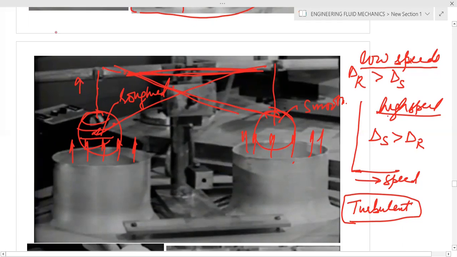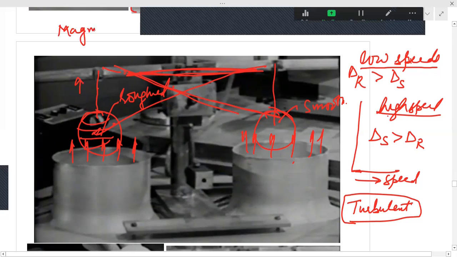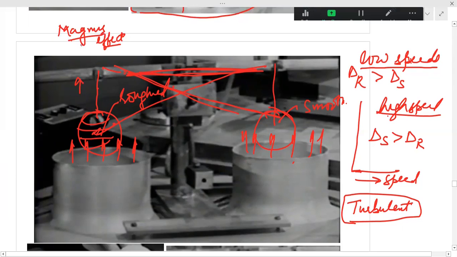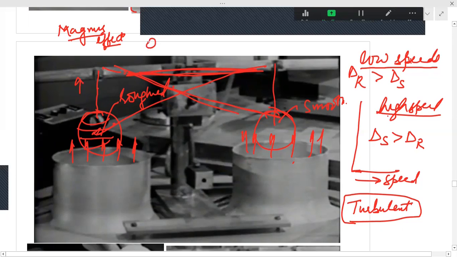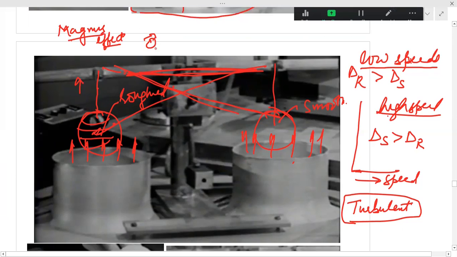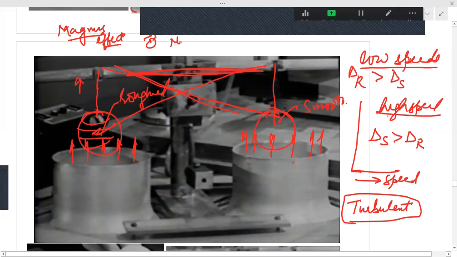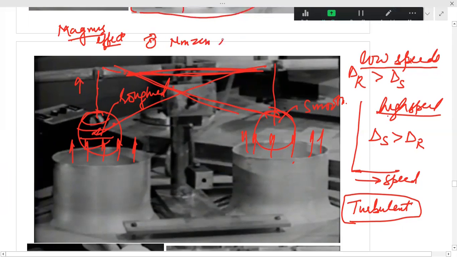Okay, what you are talking about, I think, is the Magnus effect. Yes sir. So the Magnus effect is a little bit different, but it involves the same drag and lift forces. If a ball is spinning, it will have some non-zero lift.